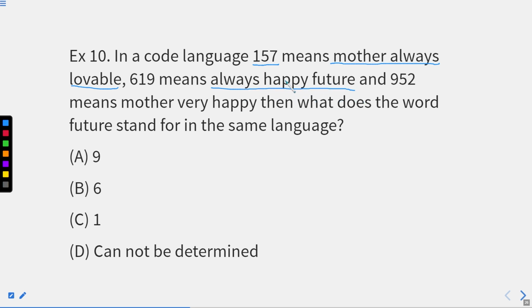This question is pretty similar to the previous one that we have done. Okay. The next code is 952, which means mother very happy. Then what does the word future stand for? First we need to understand where is future. Here is future. Now we need to understand what is the exact code for future.